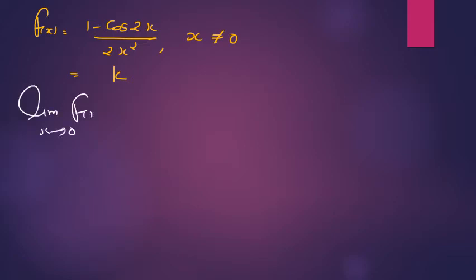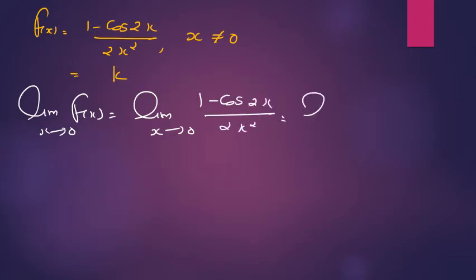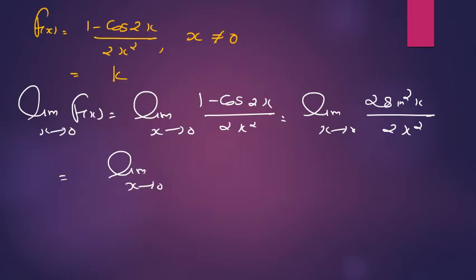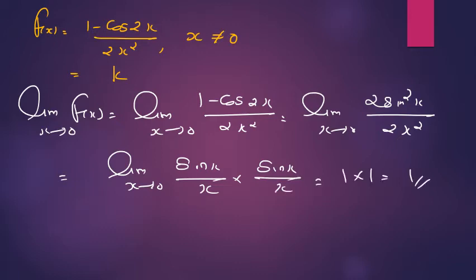The limit as x tends to 0 of f(x) is equal to the limit as x tends to 0 of (1 minus cos 2x) by 2x squared, which is the limit as x tends to 0 of 2 sin squared x by 2x squared. 2 and 2 cancel. Then it comes, the limit as x tends to 0 of (sin x by x) into (sin x by x), which is equal to 1 into 1. 1 into 1 is what? 1.